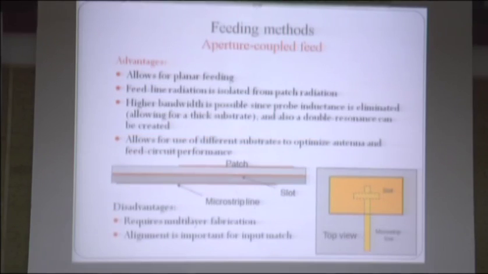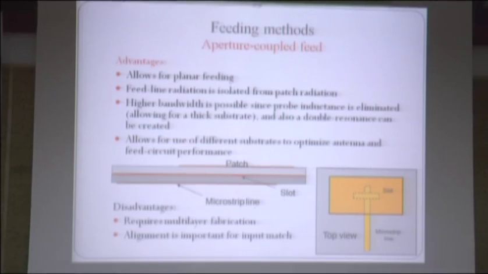Aperture coupled feed. In this, the lower layer is ground and then dielectric and then a layer of metal, and we have a slot on this layer, and then another layer of dielectric, and then a patch is mounted on that dielectric.